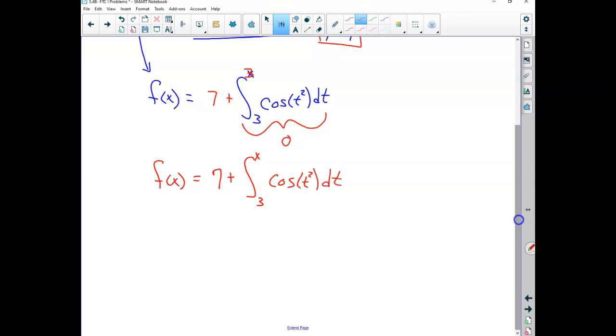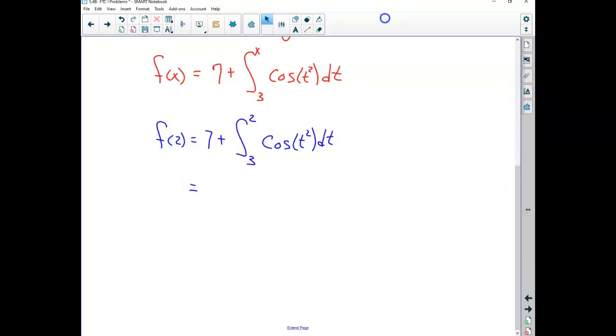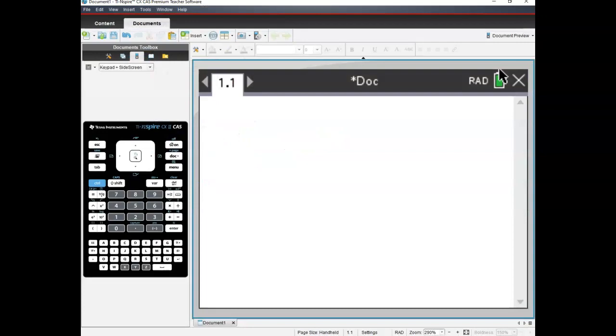Now there's a reason why this is on the calculator portion, because they wanted us to find what is f of 2. Well, it's going to be 7 plus the integral from 3 to 2 of cosine t squared dt. What do you equal, you dirty, rotten scoundrel? We grab our calculator.